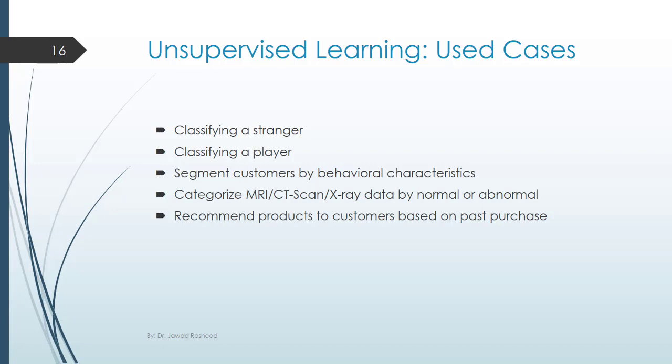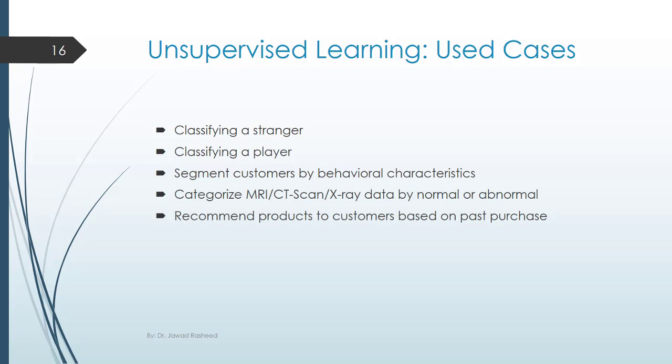So now let's move on and see unsupervised learning used in different sectors: banking, healthcare, and retail. First, let's start with the banking sector. In the banking sector, it is used to segment customers by behavioral characteristics, via surveying prospects and customers to develop multiple segments using clustering.